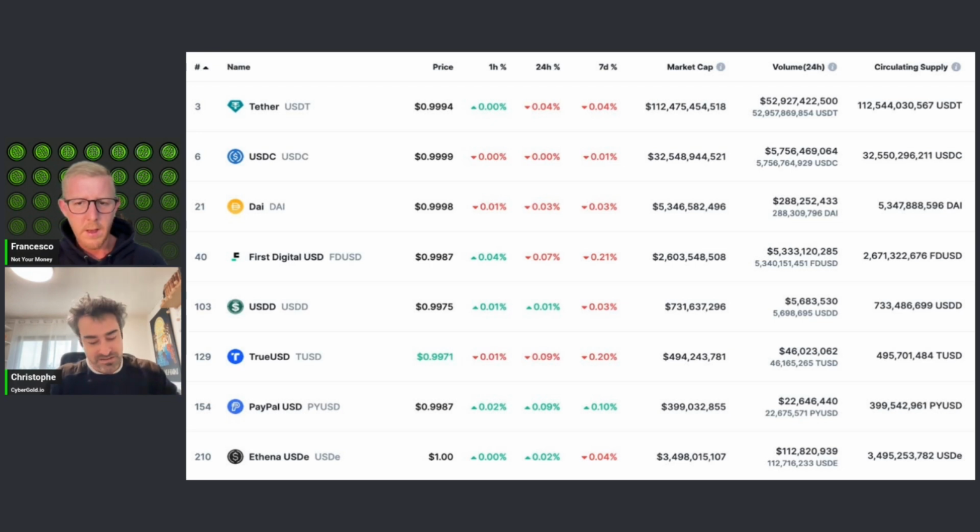Circle and Coinbase. Maybe we can say a word about these two stablecoins. Tether we have already spoken about, and USDC was introduced in 2018 by Circle and Coinbase. It's the same model.